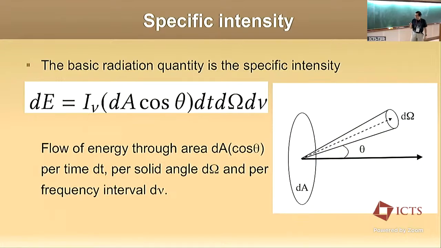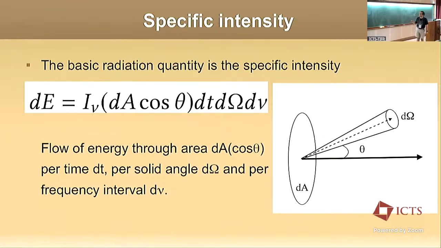The most basic radiative quantity that we want to define is the so-called intensity. If you take some small area and calculate how much energy passes through this area per unit time, in a particular direction, so per unit solid angle, per unit frequency, and of course per unit area, then this is the intensity.